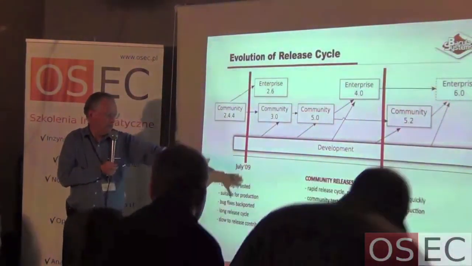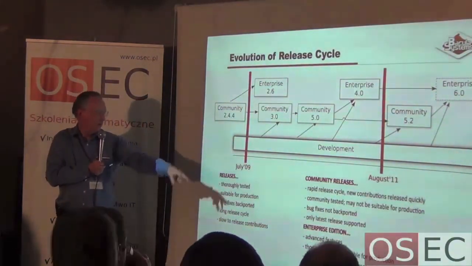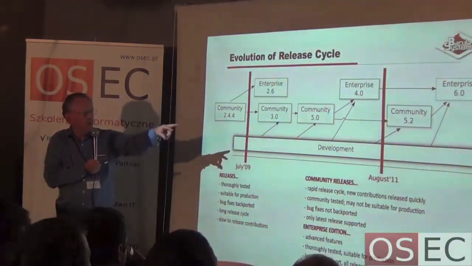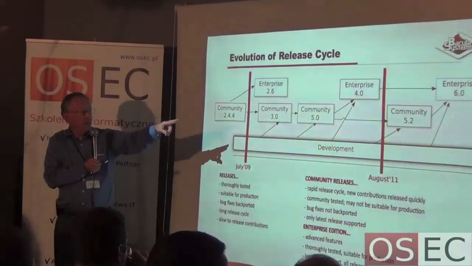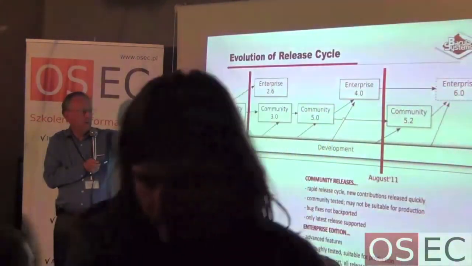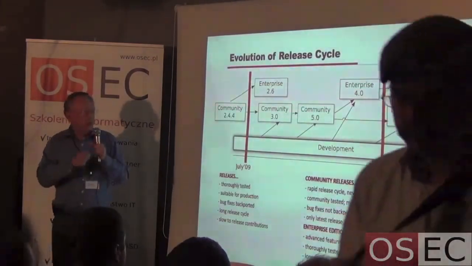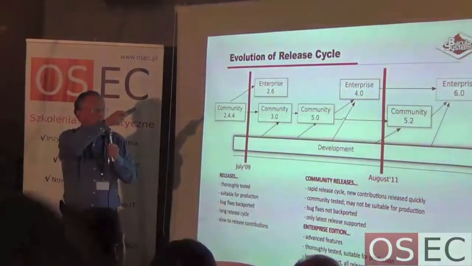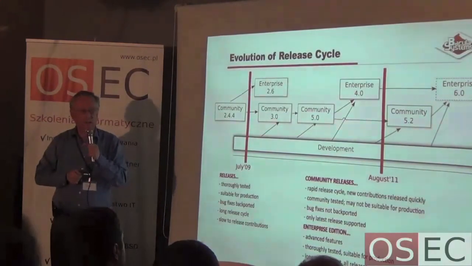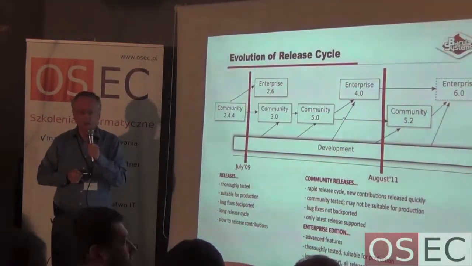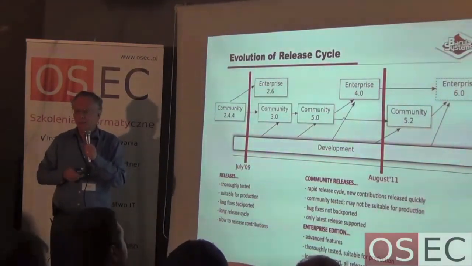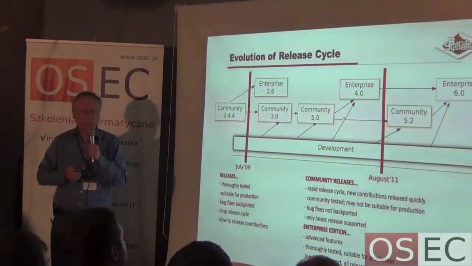This explains a little bit of the differences between them. And the main thing to know now is that community version 5.2, which is the current version that's out there, has gone to a large extent into Enterprise 6.0, which was released in March of 2012.